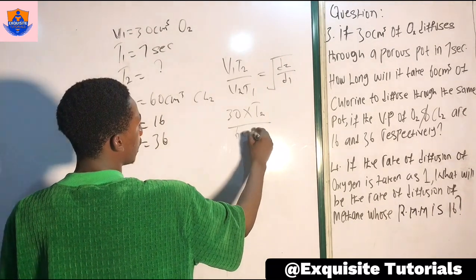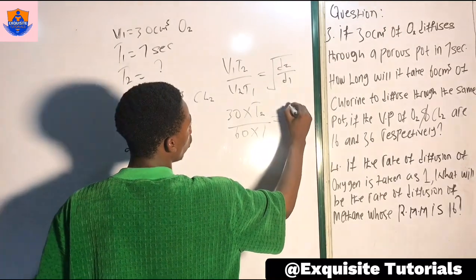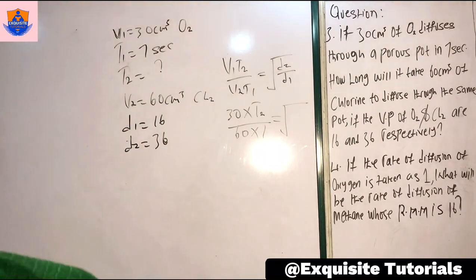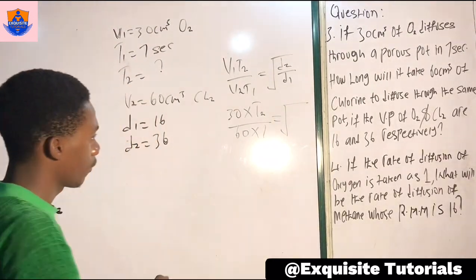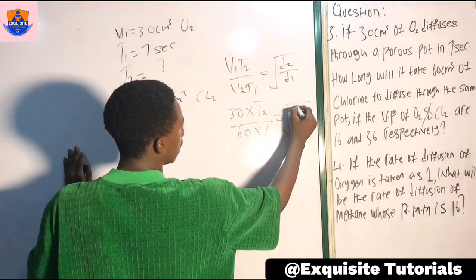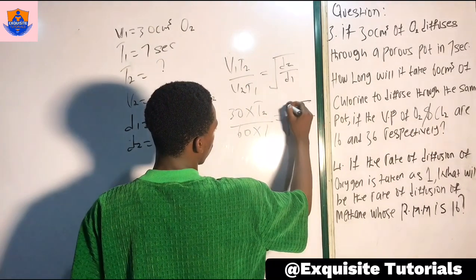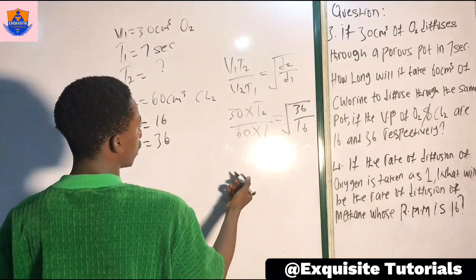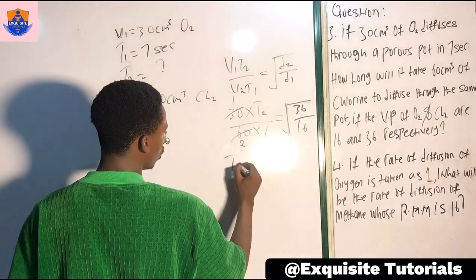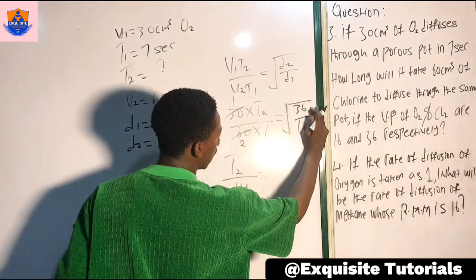V2 is 60 times T1, which is 7, is equal to root D2, which is 36, over D1, which is 16. Now let's cancel. 30 here will give us 1, 30 here will give us 2. So we're left with 32 over 2 times 7, which will give us 14. We're left with 36 over 16.